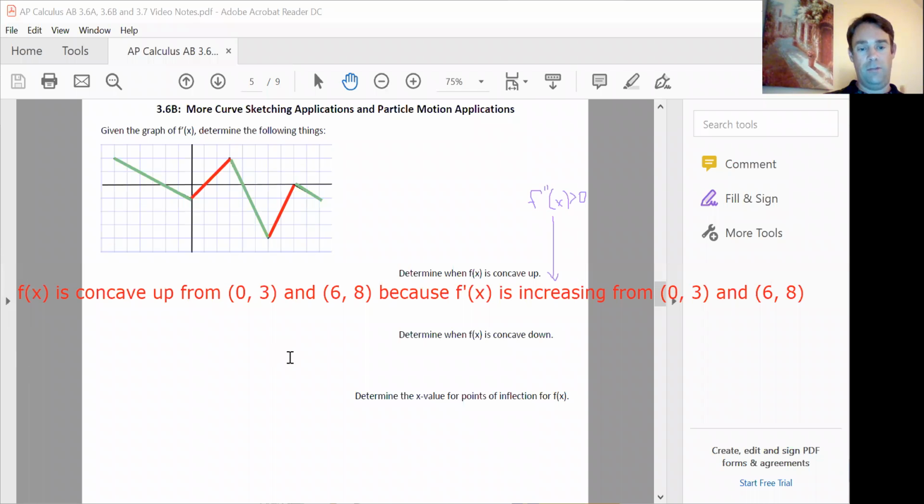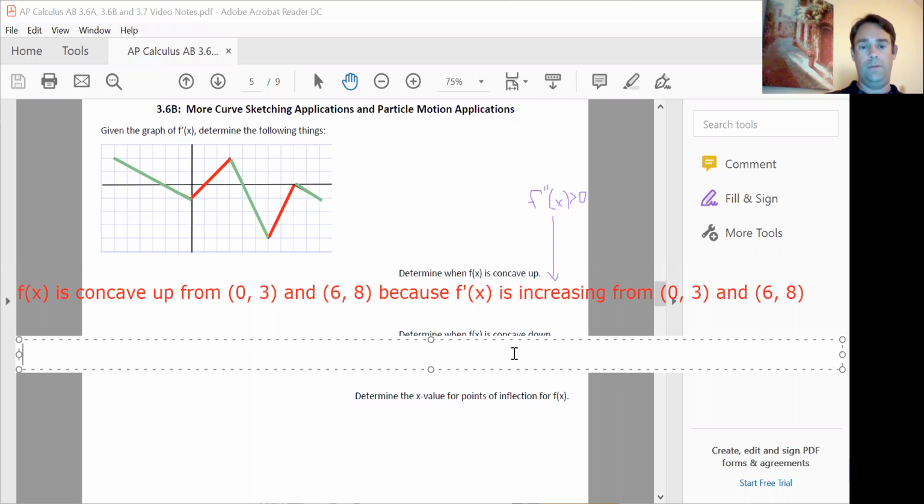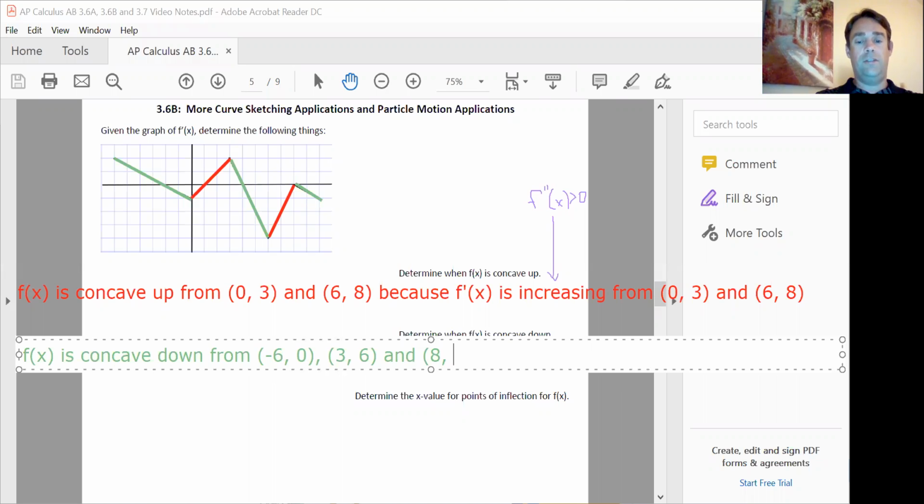All right, concave down. f of x is concave down from -6 to 0, 3 to 6, and 8 to 10, because f prime of x is decreasing.